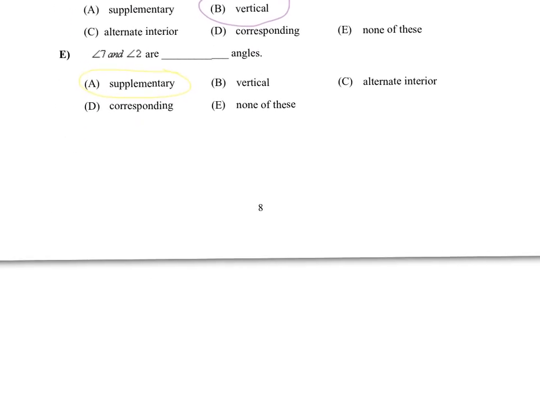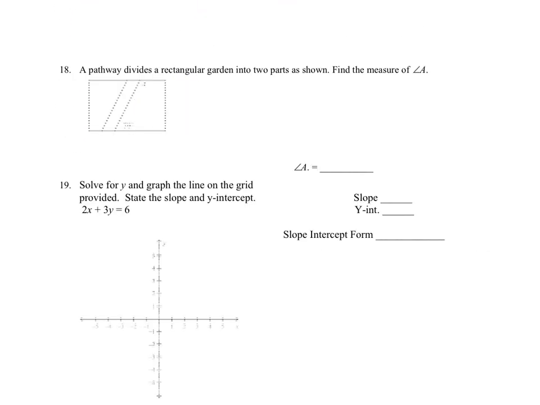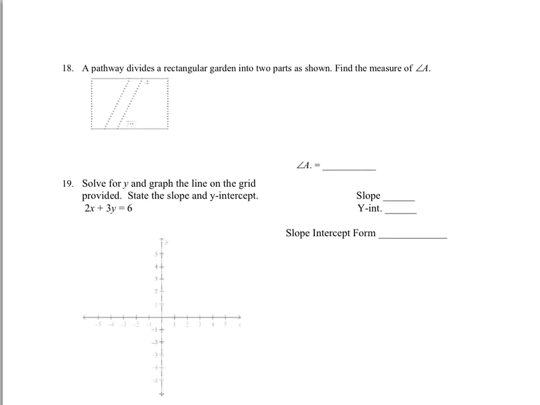Okay, let's look at the next problem. A pathway divides a rectangular garden into two parts as shown. Find the measure of A. So we're going to go ahead and say that we have two parallel lines cut by a transversal, with this angle being angle A and this angle being 78 degrees.